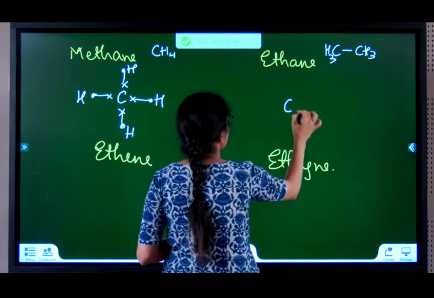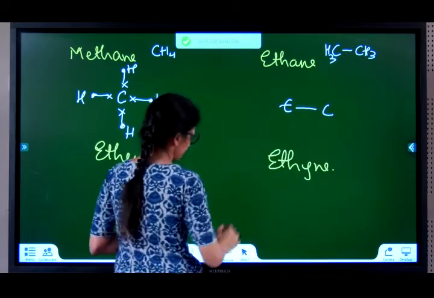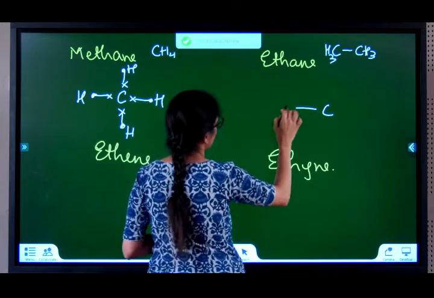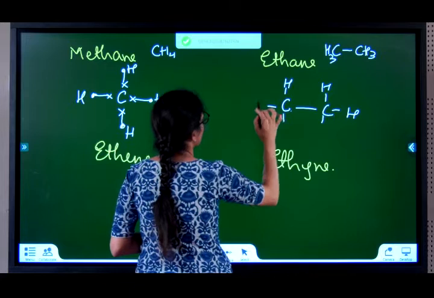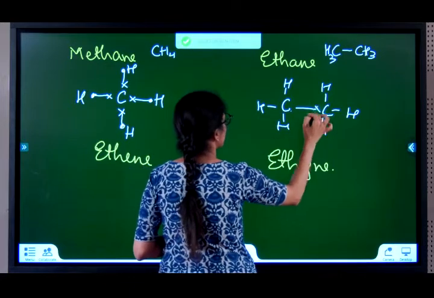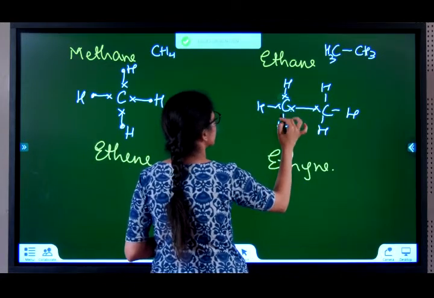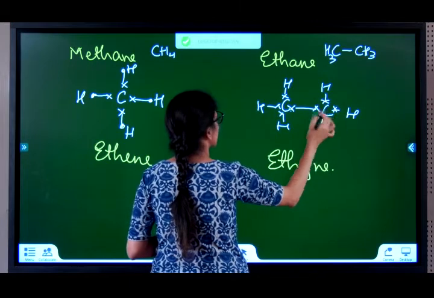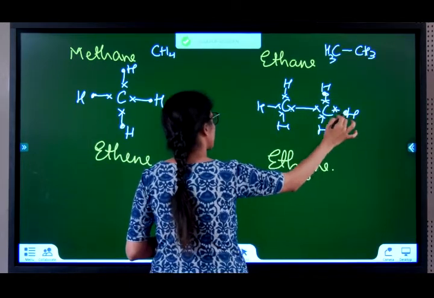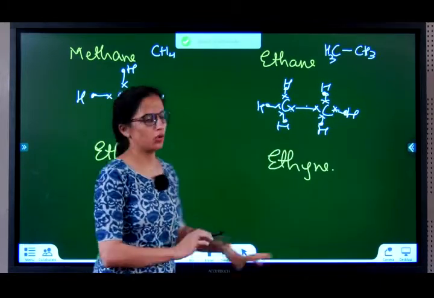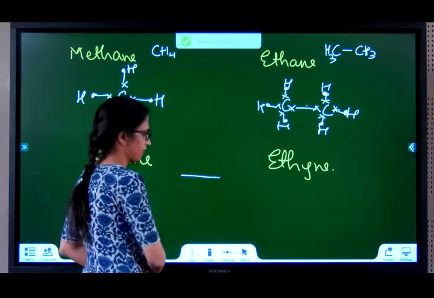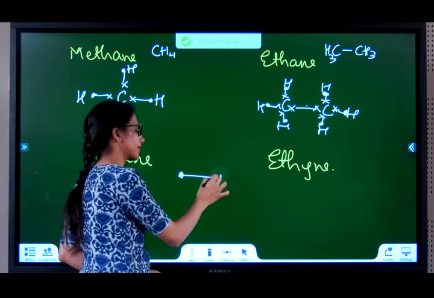Just draw this. So 2 carbons, it needs to bond with each H. Show the electrons. For carbons, draw cross, and for the hydrogens you can draw dots. Is it necessary to show this dot and cross? No. So if you simply draw a line like this, it means there's one electron at this end and one electron at this end.